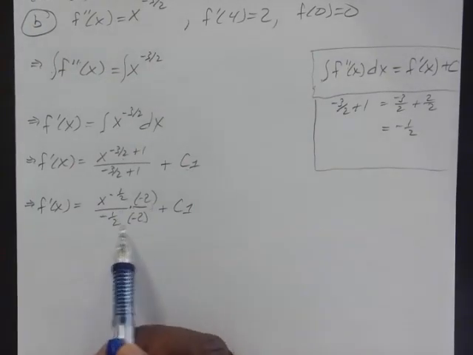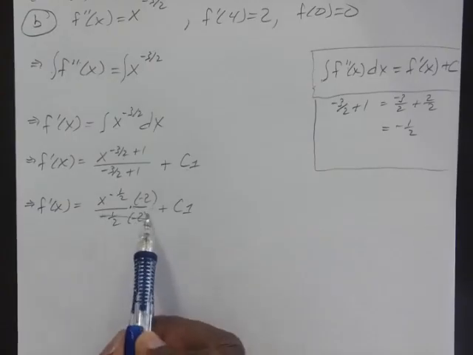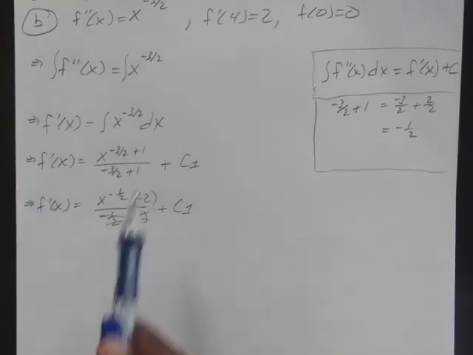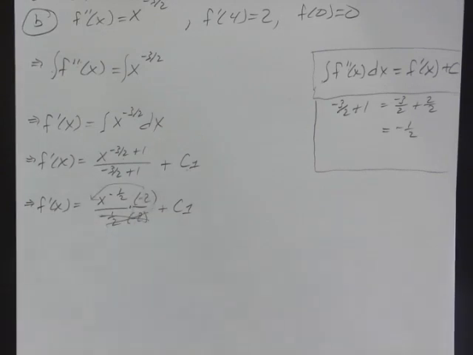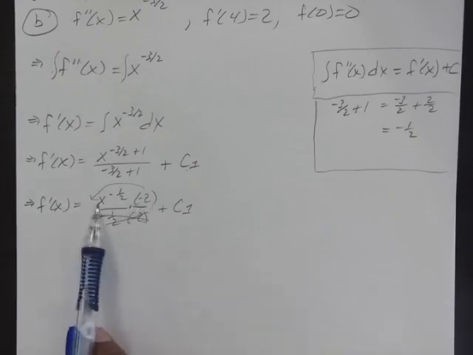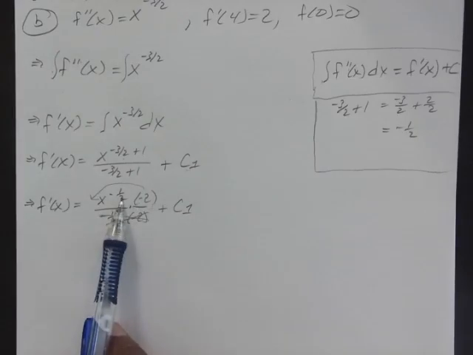Okay, so this negative 1/2 times negative 2, that just cancels out and becomes 1. And this negative 2 in the numerator, we can just move that right on over to the front. So we have negative 2 times x to the negative 1/2 power.